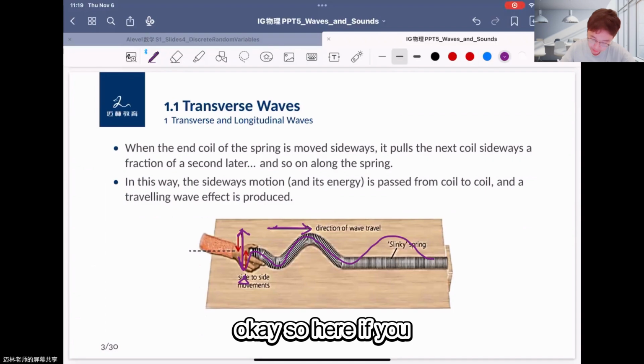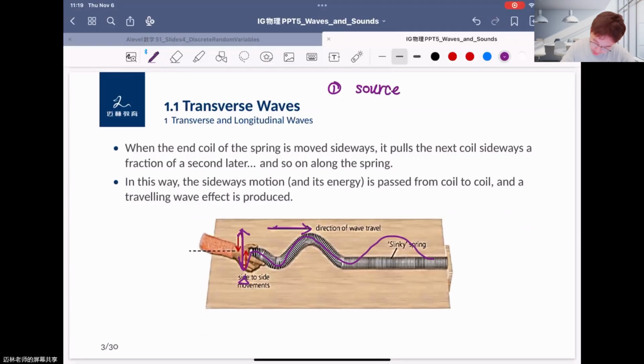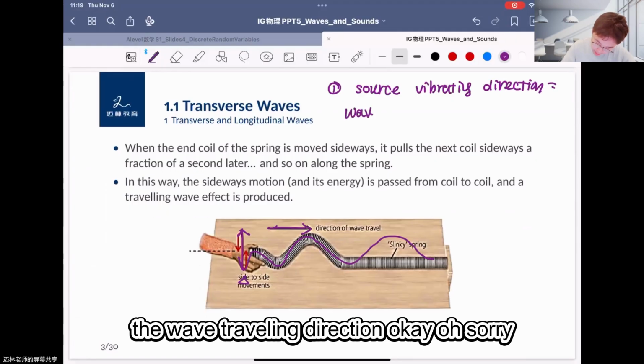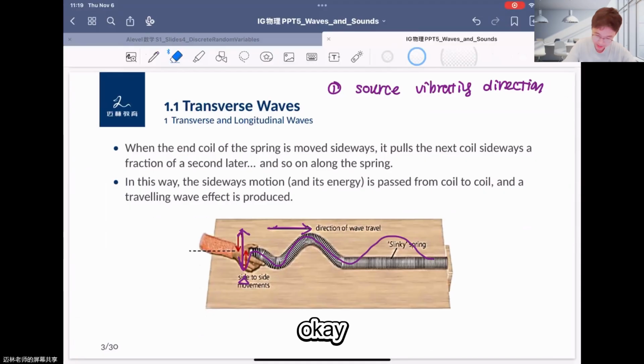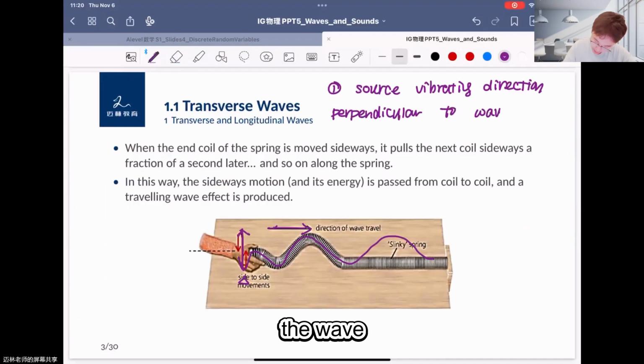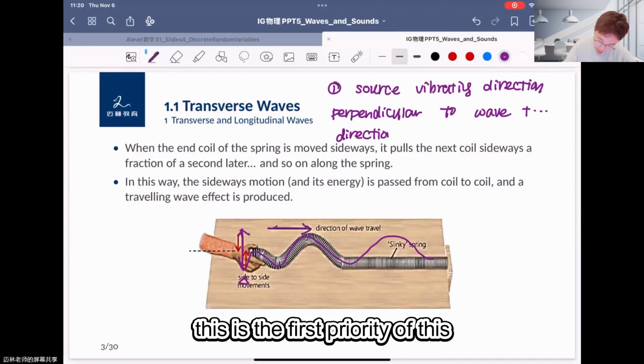So here, the first property is the source vibrating direction is perpendicular, sorry, perpendicular to the wave traveling direction. This is the first property.